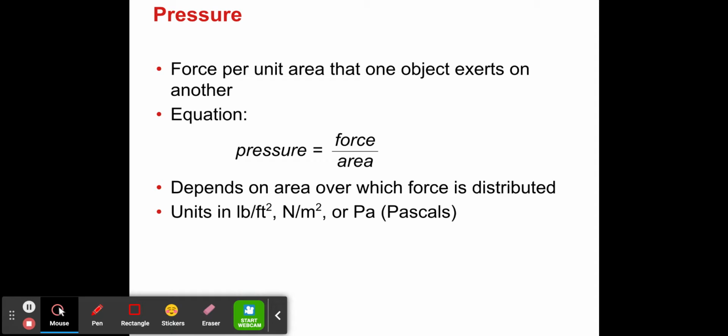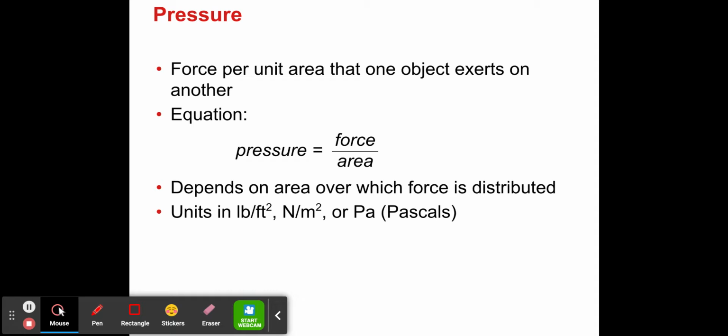So metals generally have a higher density than water. So now let's look at pressure. What is pressure? What we call pressure is the force acting per unit area. Pressure is defined as force per unit area that one object exerts on another. And so the formula for pressure is force divided by area.